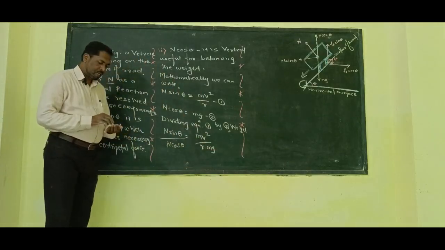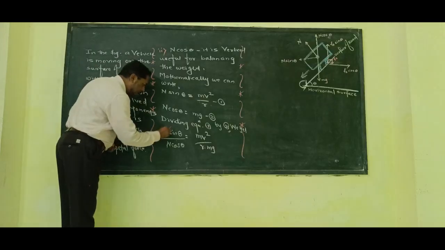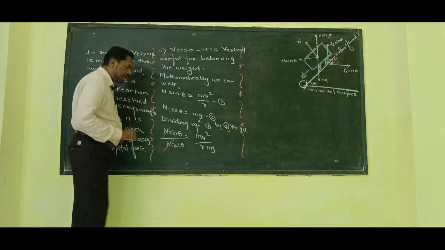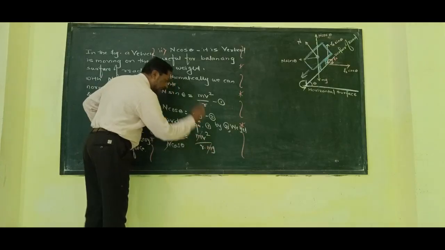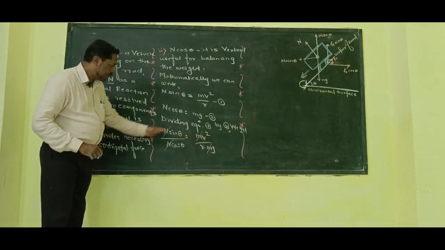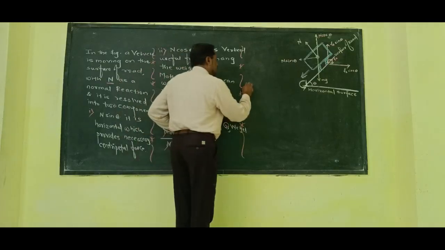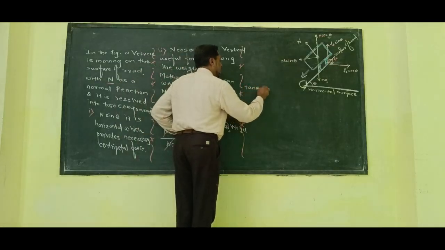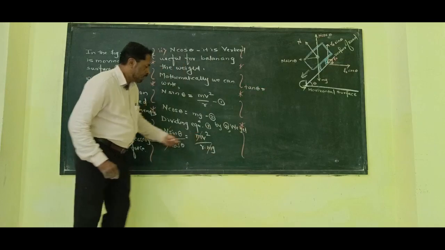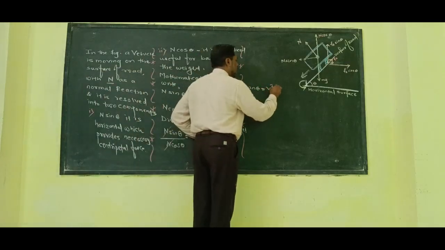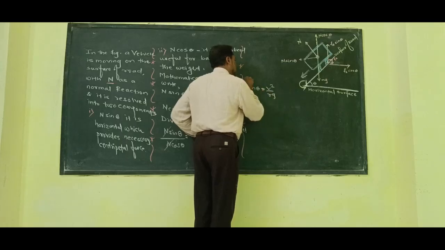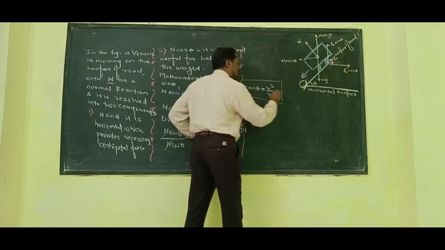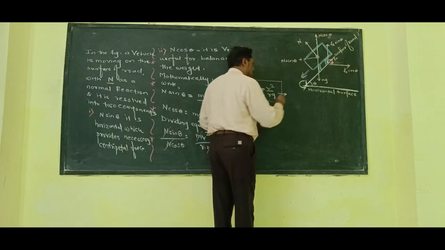Which factor can we cancel here? The factor n gets cancelled. Here m also gets cancelled. So what we get: sin theta by cos theta, that is nothing but tan theta, is equal to v square upon rg.